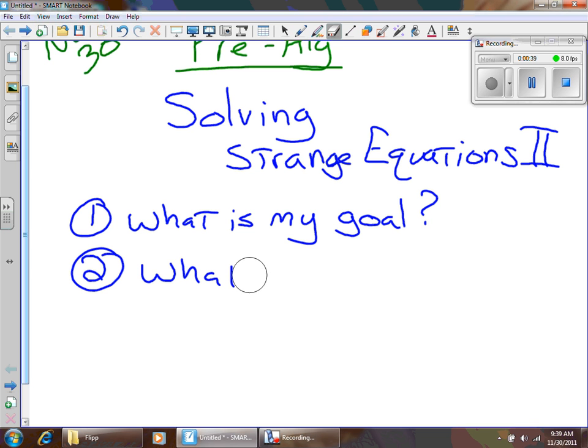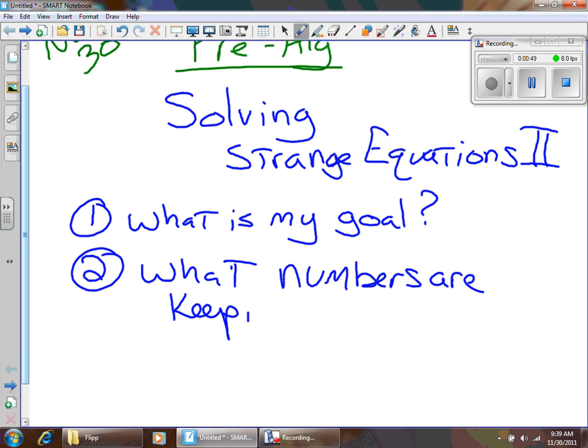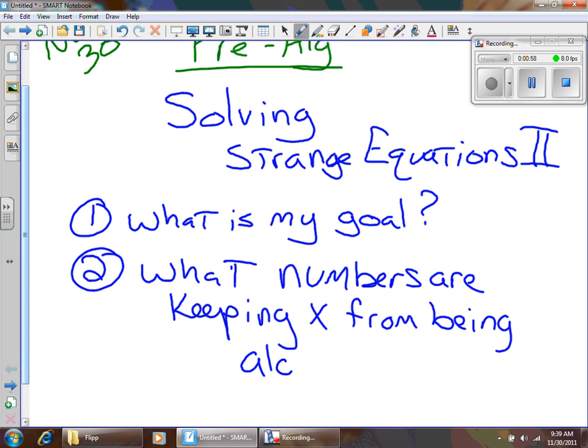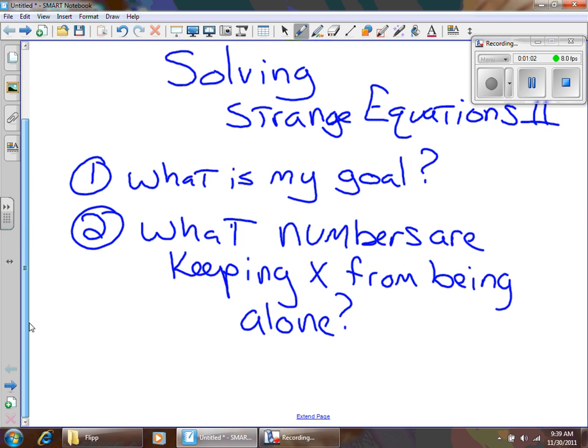Ooh, there's an extra little thing there. What numbers are keeping x from being alone?